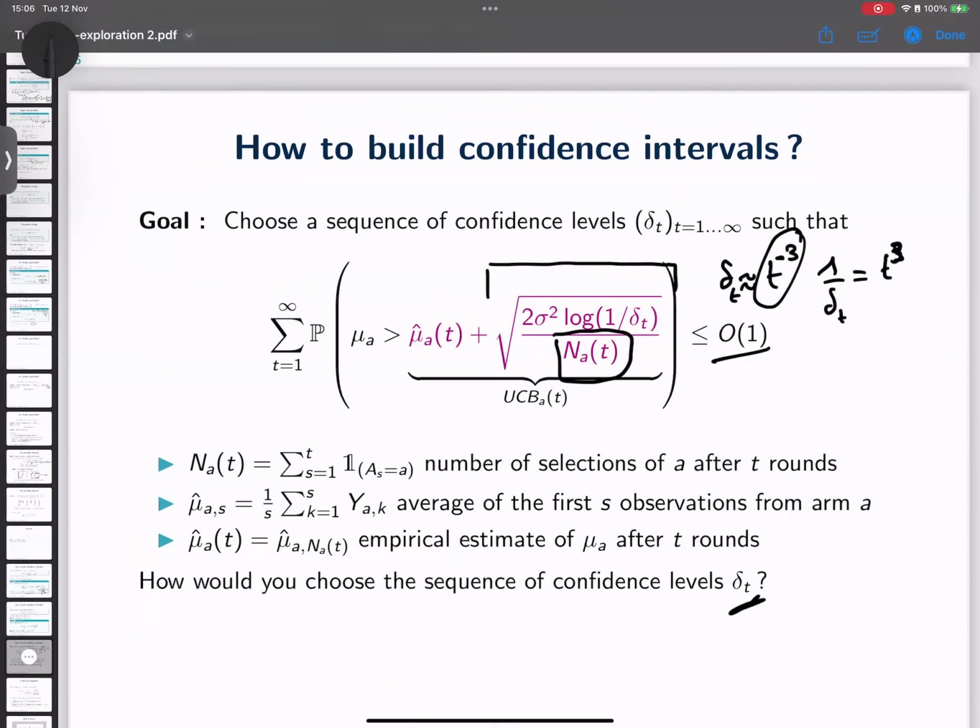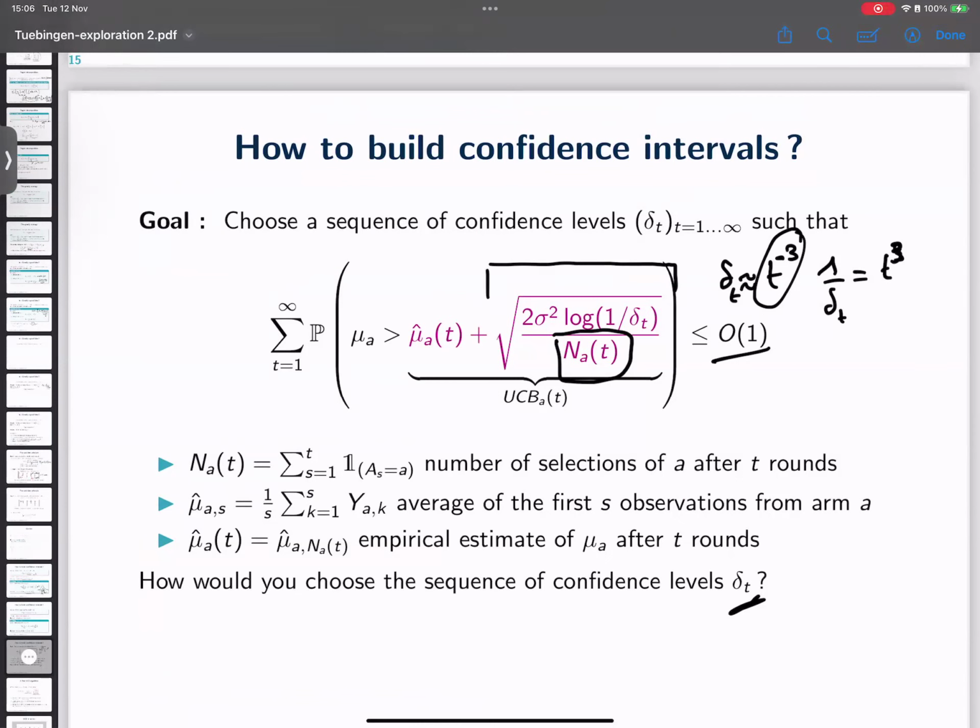In all generality, I could allow it to be something very, very small, like square root of log t or log t, a very small quantity that grows very slowly with time. But I think it's simpler to think of it as: I don't want to make mistakes, or I want to make a finite number of mistakes when t goes to infinity. Yeah.